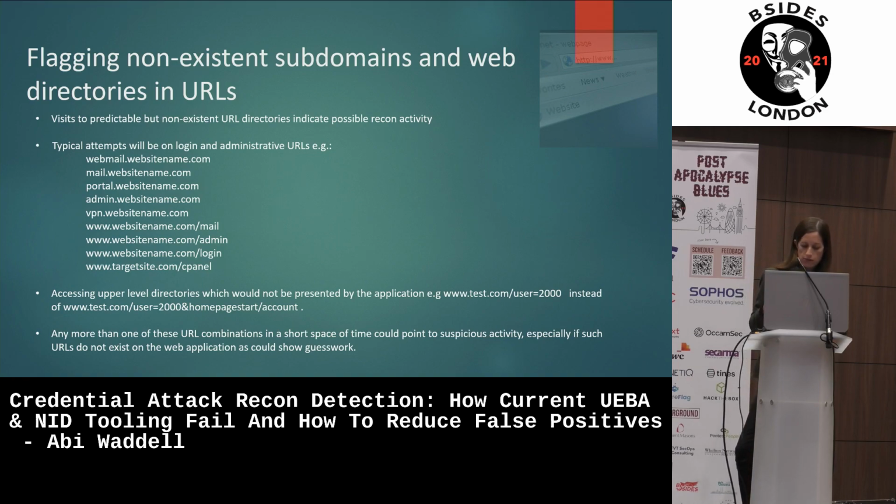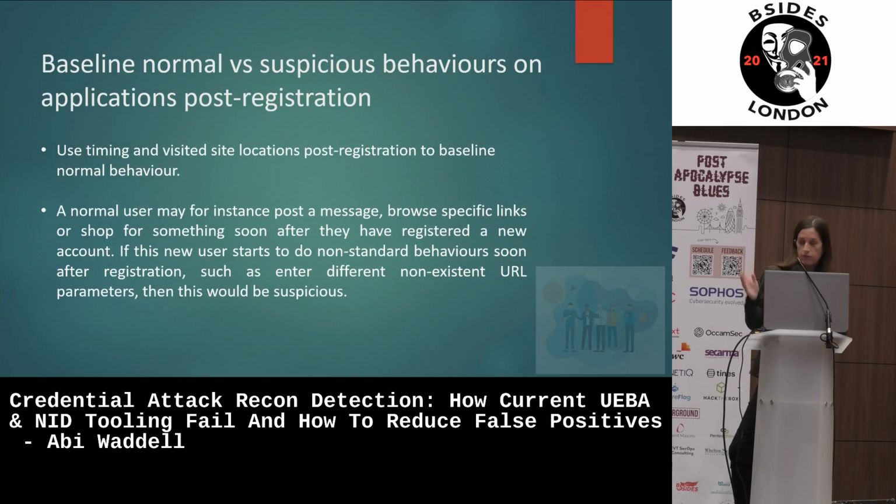Also important to spot are possible signs of tampering on the upper level directories, which are presented by an application. So, for instance, in this example, www.test.com/user=2000. And so basically, instead of the link that the site would automatically direct visitors to, the actual company page or whatever would be &homepage=/account.